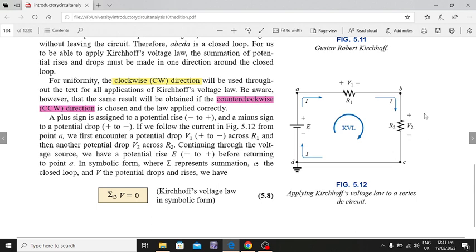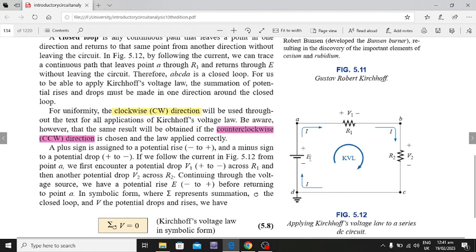Across this resistor all the potential has been dropped, and whatever potential is dropped is equal to the potential rise that is given. So the summation of potential rises is equal to the summation of potential drops.